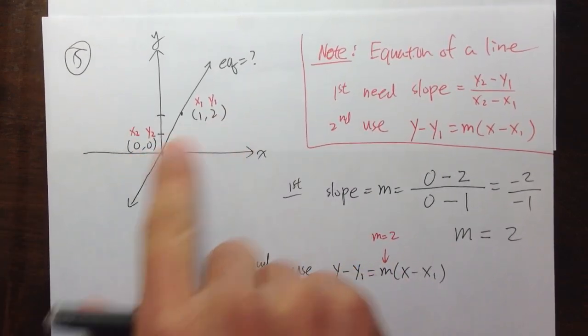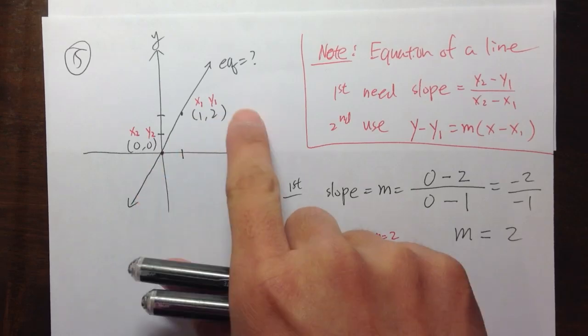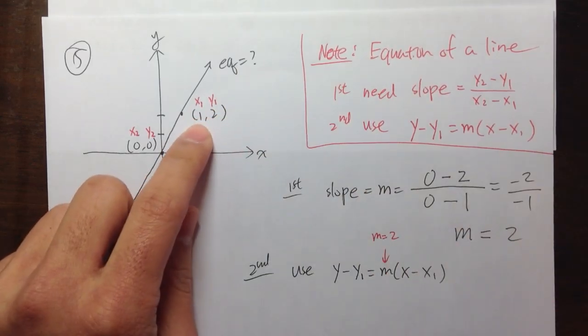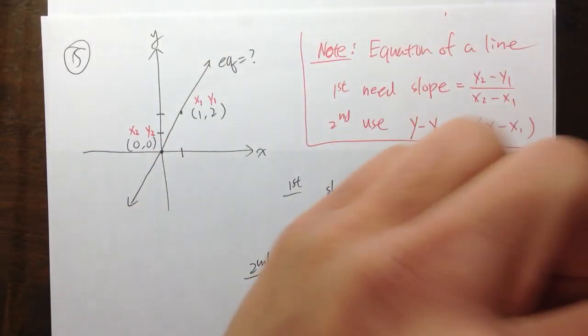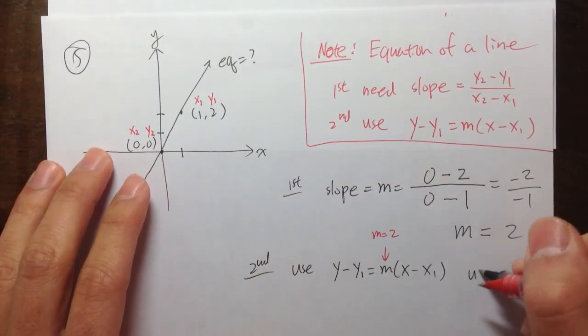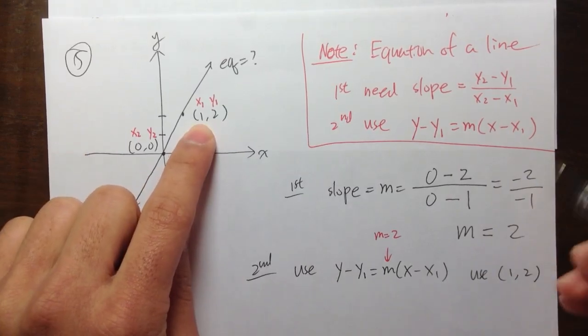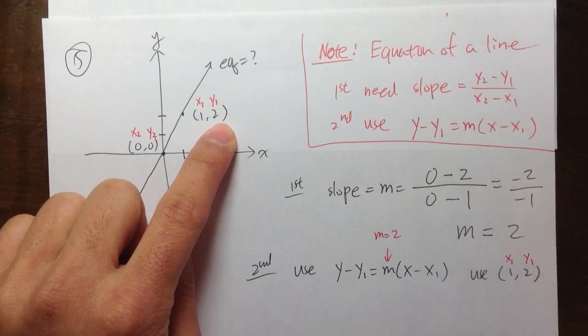You can pick one of these points. Doesn't matter. But since I call this x1 and y1, let me just use this. So I will make a note: use this point 1, 2, and this 1 is my x1, 2 is my y1.